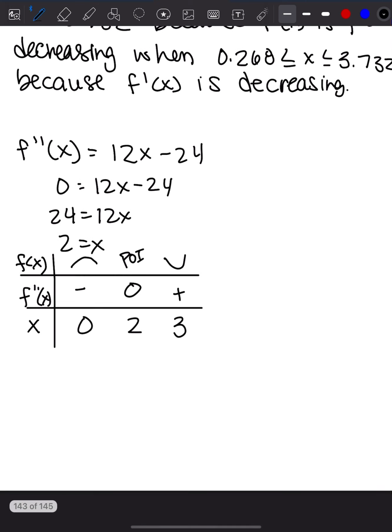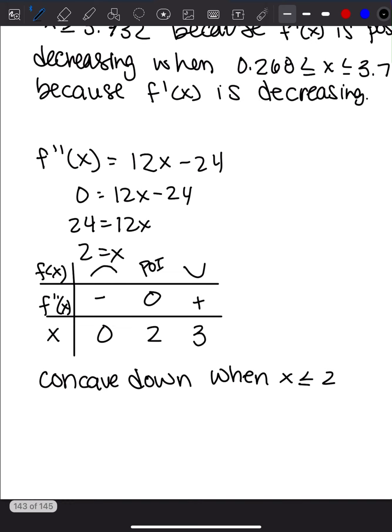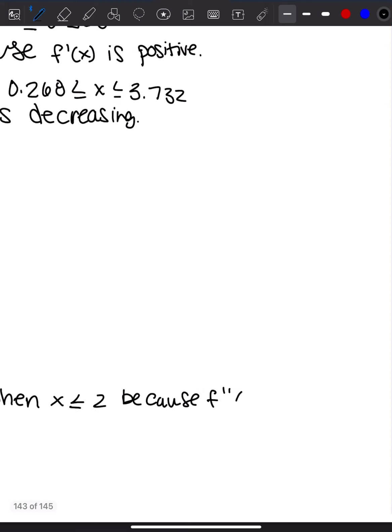because it changes concavity. So we are concave down when x is less than 2, because f double prime of x is negative.